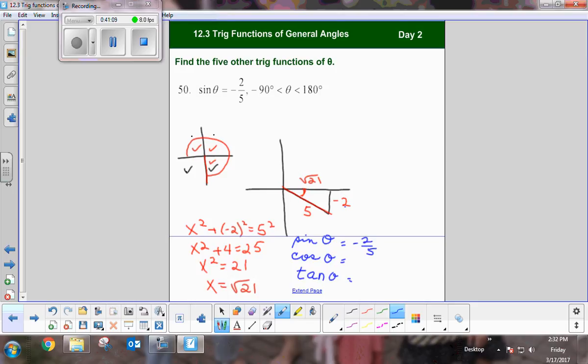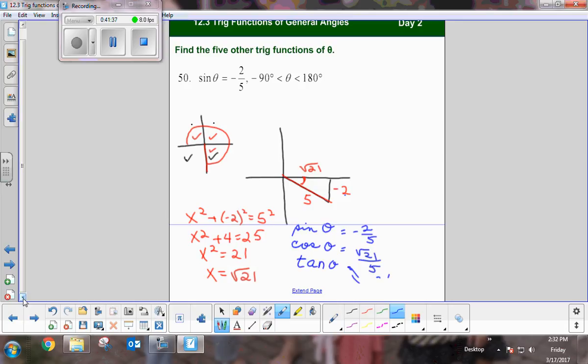Cosine is adjacent over hypotenuse. And tangent is opposite over adjacent, but I need to rationalize that. It's -2 over square root of 21, which is -2 rad 21 over 21.